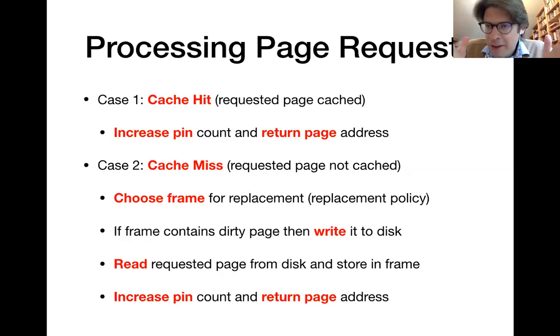Now, after we have selected a frame for replacement, we have to check the dirty bit, because it could be that the current content of that frame had some changes which haven't been persisted to hard disk yet. So if that dirty bit is set, then we first of all need to write the current frame content back to hard disk. There's one question here in the chat about whether a frame can have more than one page, but those frames are chosen in size such that they store precisely one page.